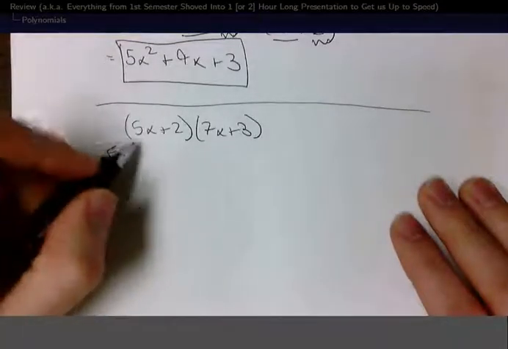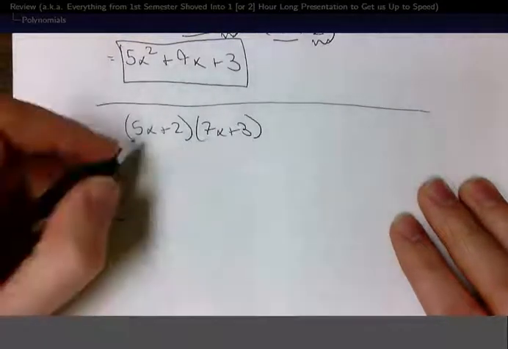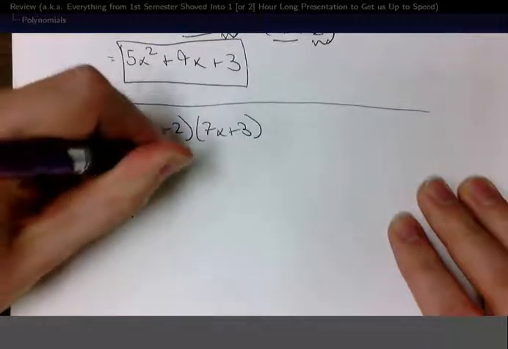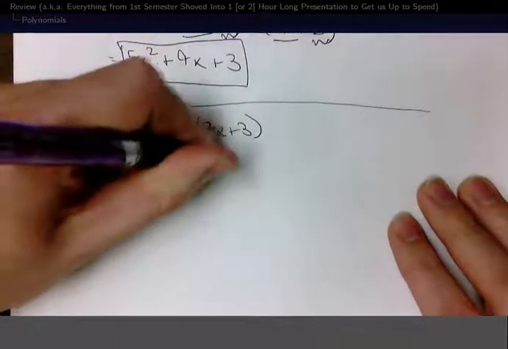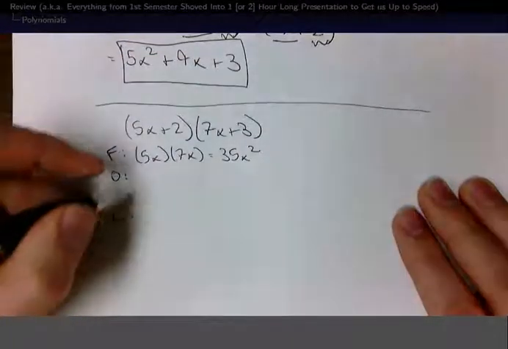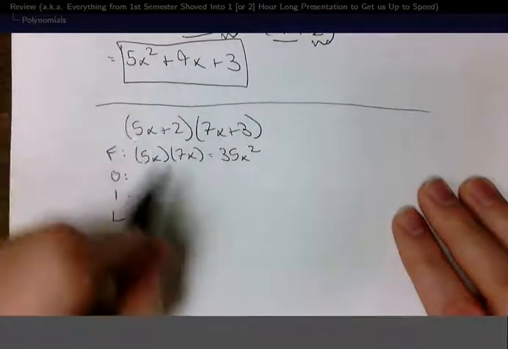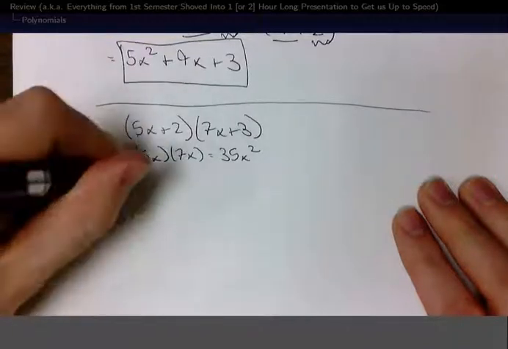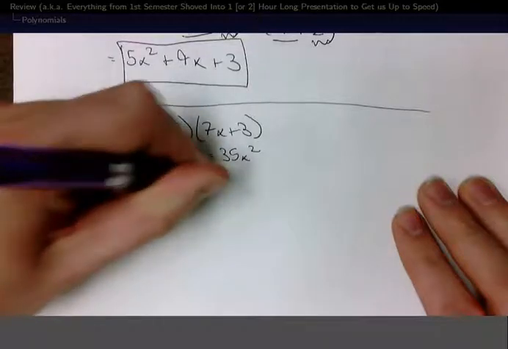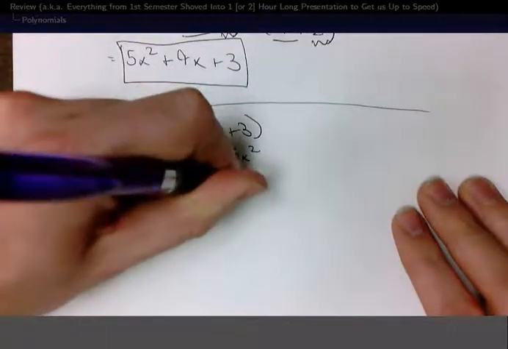So to start off, we're just going to multiply the first terms of my two binomials. So this is going to be 5x times 7x, which is going to be 35x squared. Then we're going to multiply the two outside terms. So that's going to be 5x for the first one and 3 for the second one. So that's going to be 15x.